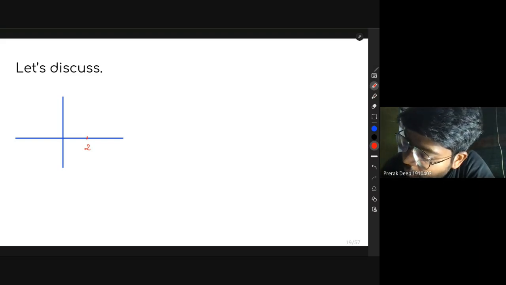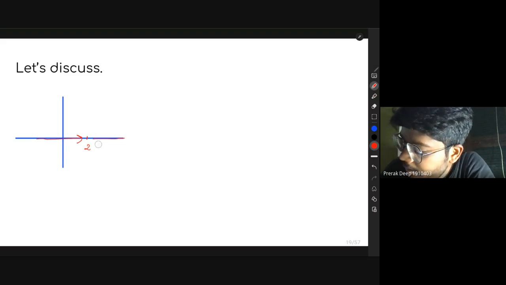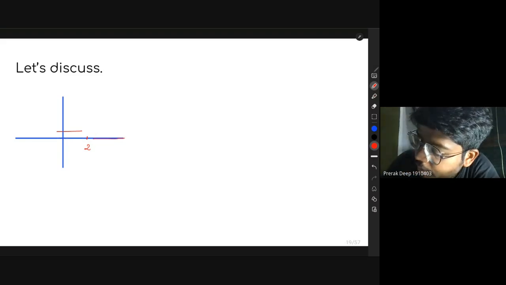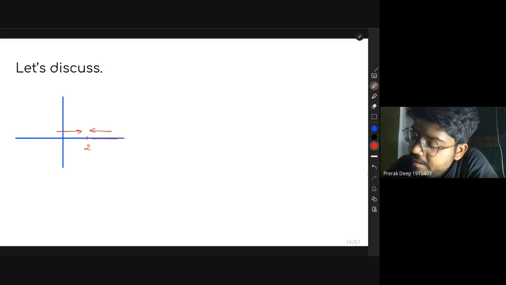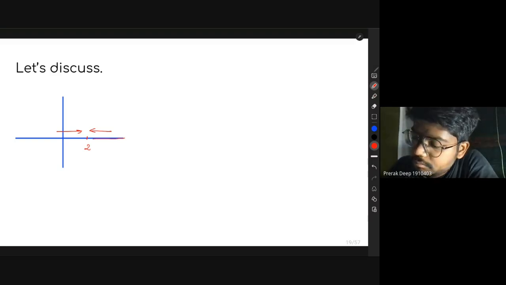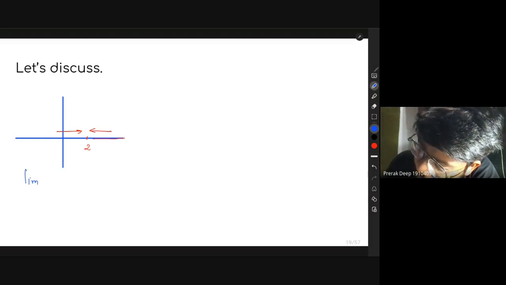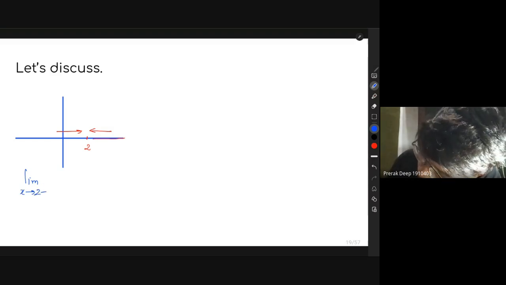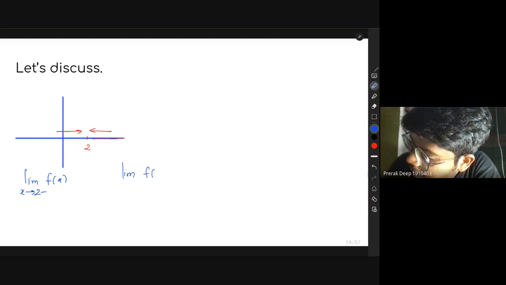So you can approach your function from the left hand side or from the right hand side. If you are approaching from the left hand side, we define the corresponding limit to be x tending to 2 minus, and if you are approaching from the right hand side, x tending to 2 plus.